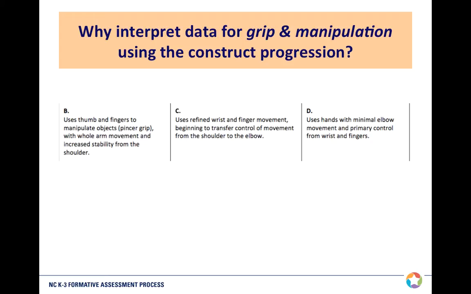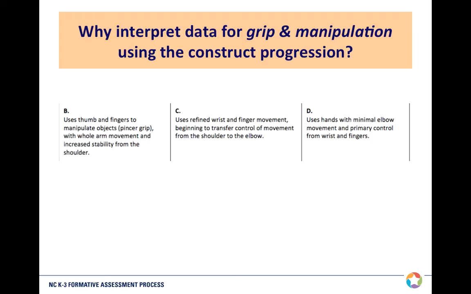So here is the grip and manipulation. Suppose you have a student who is using thumbs and fingers to manipulate objects, but when you watch them, they're doing a whole arm movement.